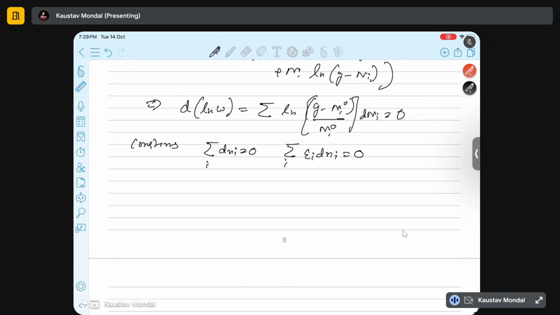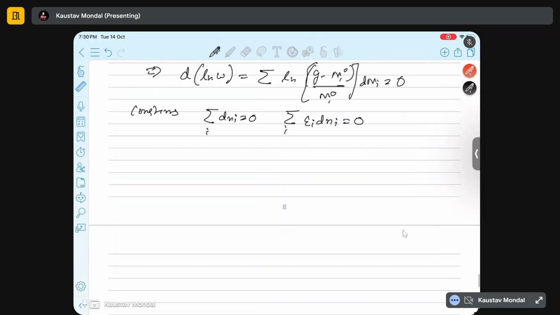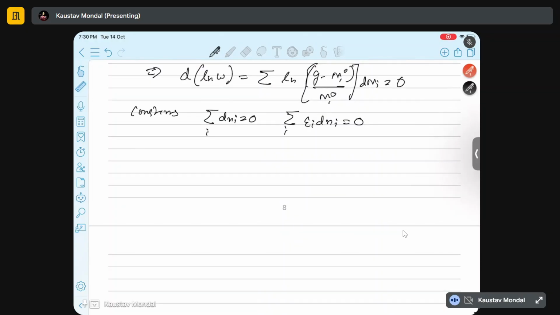So the similar way, these two constraints have to be kept into this equation, and after doing that, the distribution gives you ni 0 by g equal to 1 by e to the power beta e plus 1.